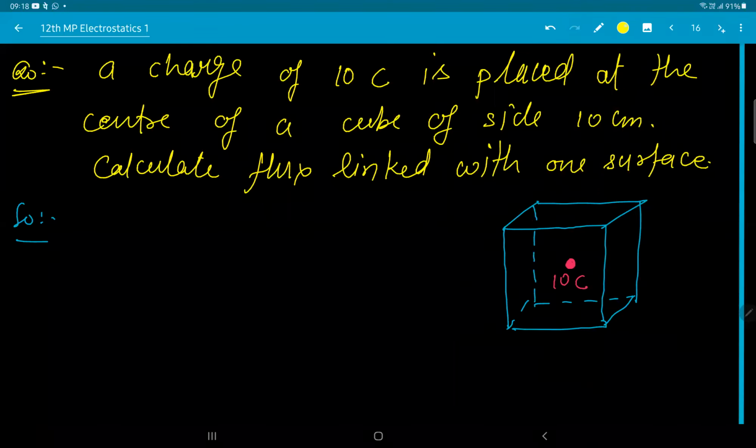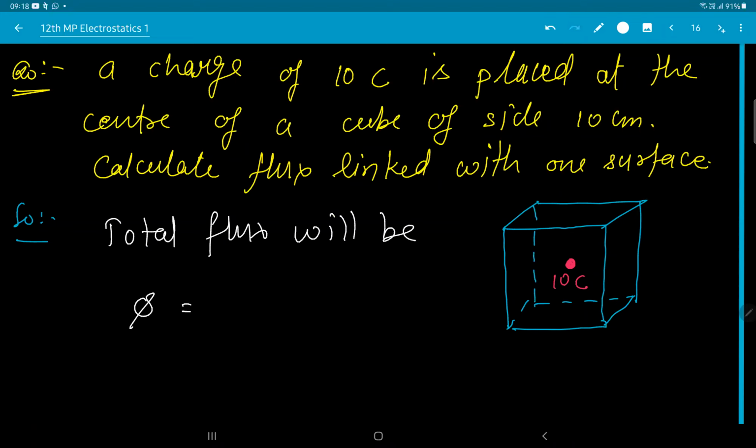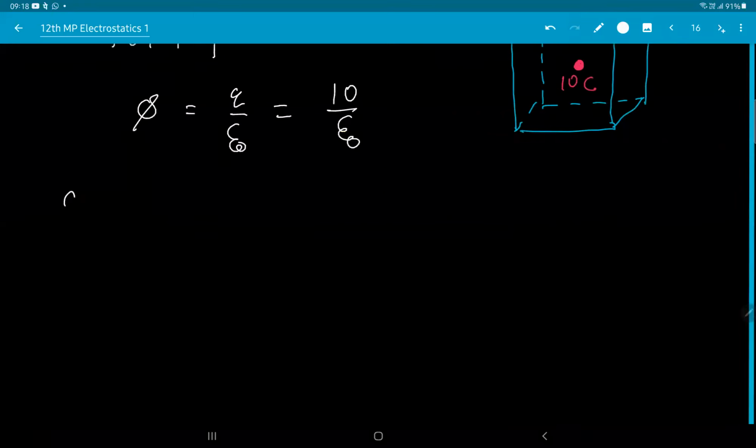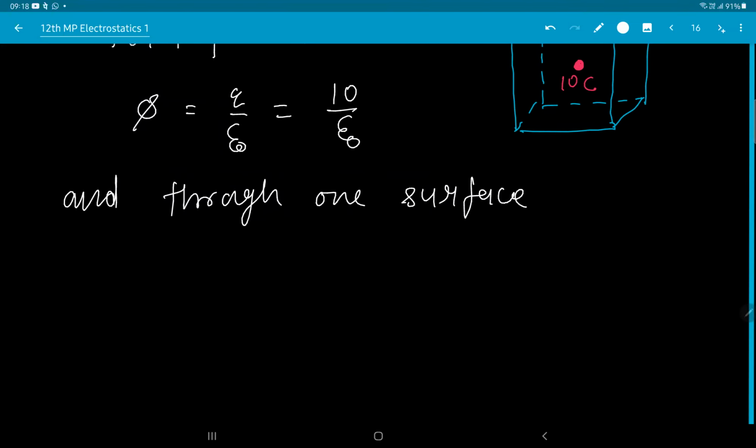See, total flux: since it is a closed surface, total flux will be phi is equal to q by epsilon naught, which is 10 by epsilon naught. Through one surface, how many surfaces are here?